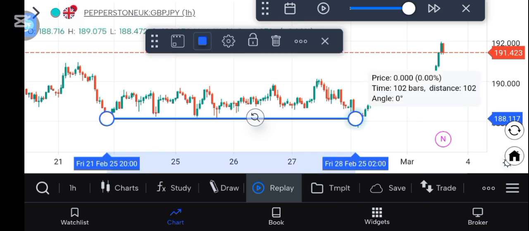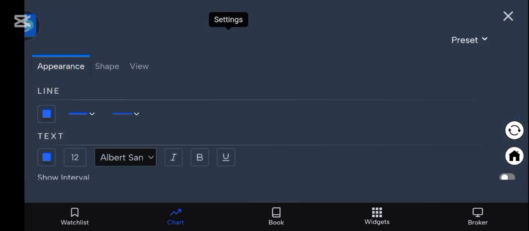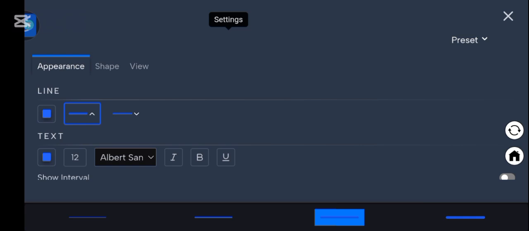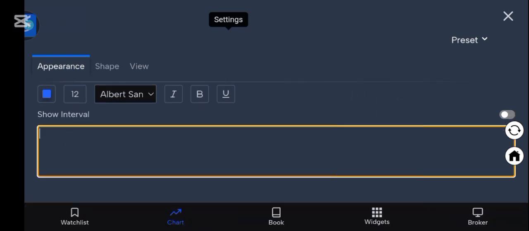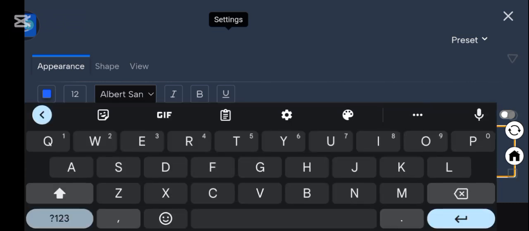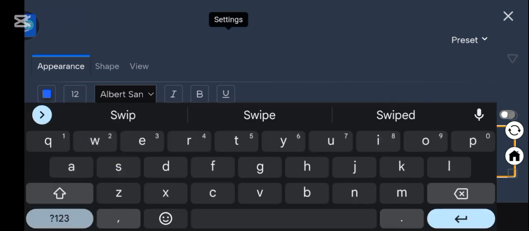The market swept from here. This is inducement. I'll just use sweep for it.